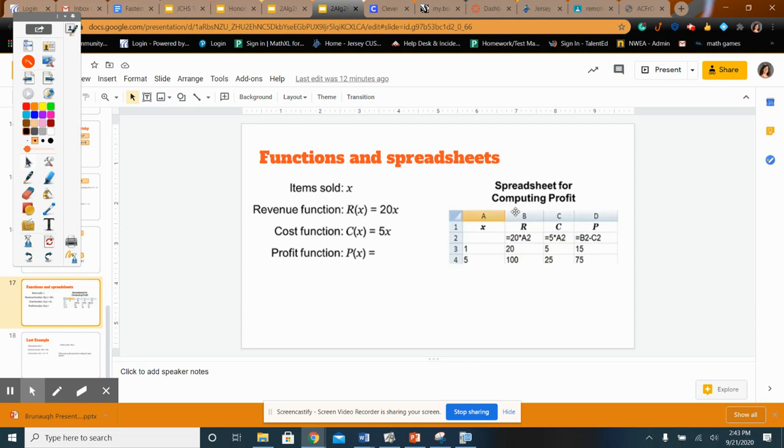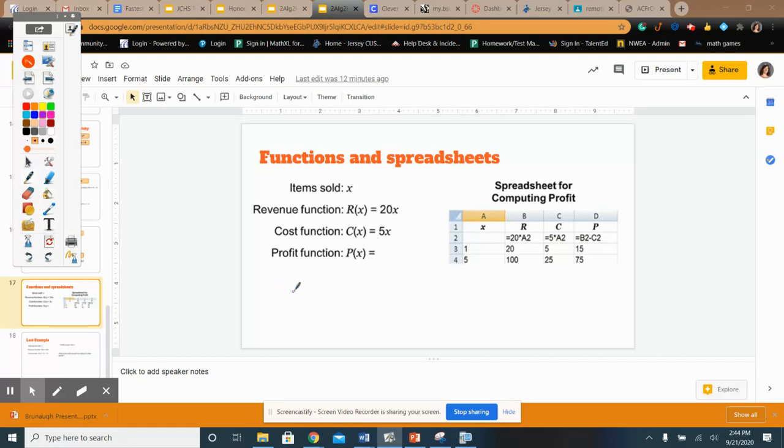Last thing is looking at a way you could use a spreadsheet to talk about functions. This is the revenue and profit and cost functions. So if the revenue function is $20 per item, that's how much money you're making, but it costs you $5 per item to make, what would the profit be?